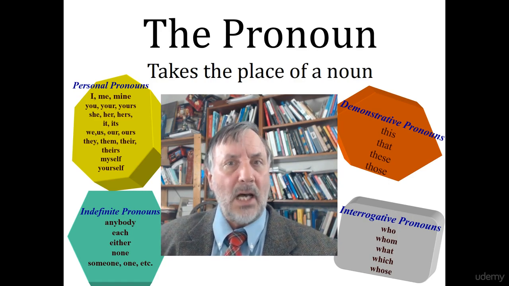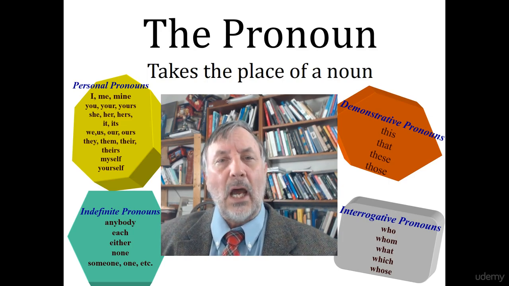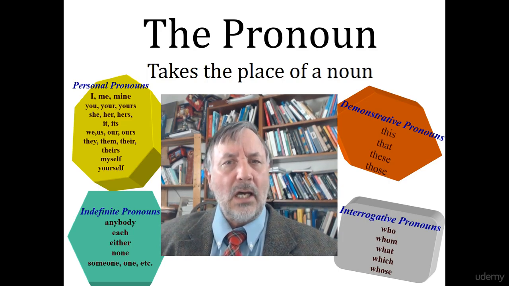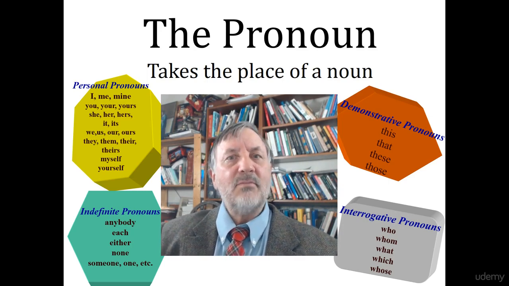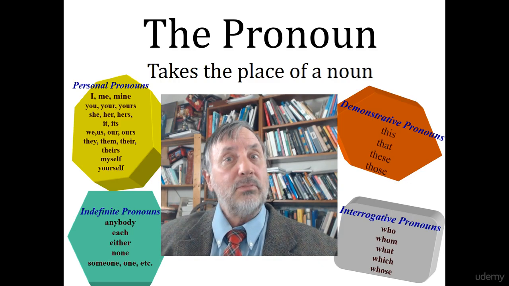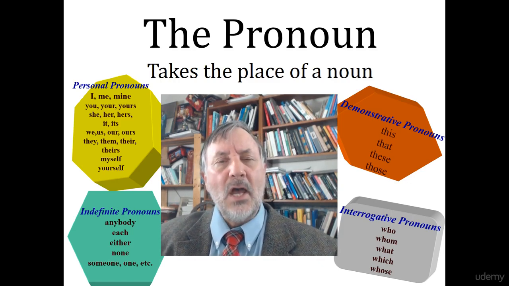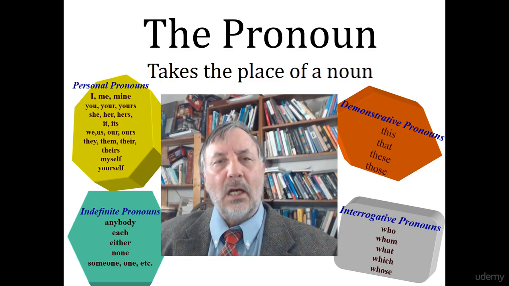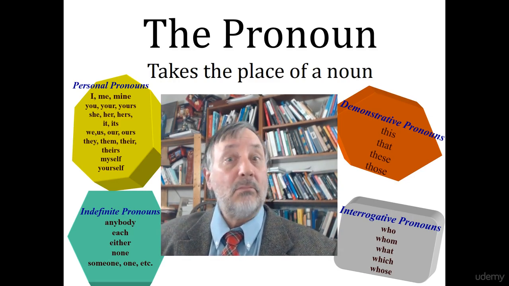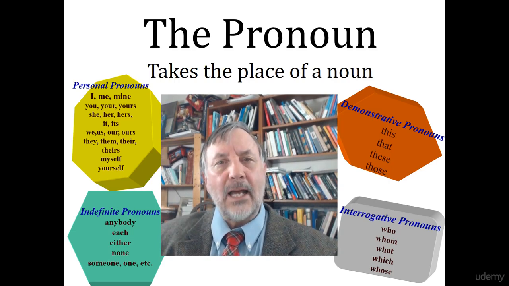So you see, the pronoun takes the place of the nouns, and in some ways might save us repetition. We wouldn't have to say Bob, Bob, Bob all the time. And also saves us from lengthy exposition, such as you don't have to repeat the name of everybody in the group. You can just say they or them. So pronouns are these little words such as I, me, you, yours, he, she, or it, him, her, words like that.